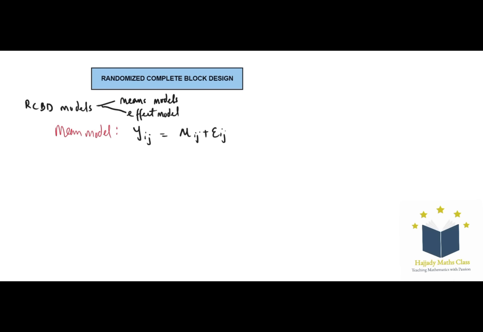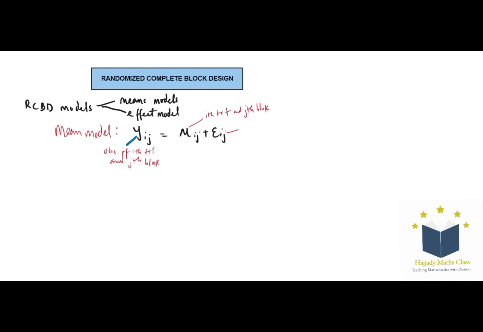When we talk about the mu ij, this represents the observation of the ith treatment and also the jth blocking. So we need to take note of this jth block. And when we talk about the mu ij, here we talk about the ith treatment and jth blocker.